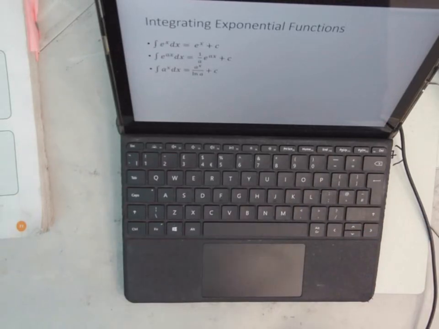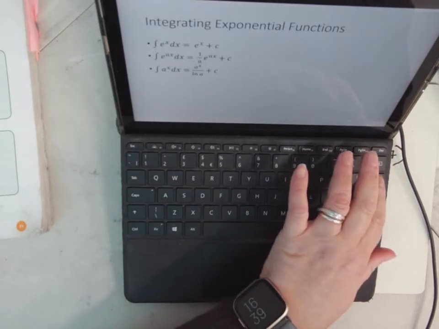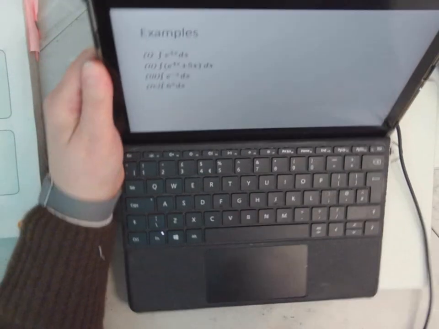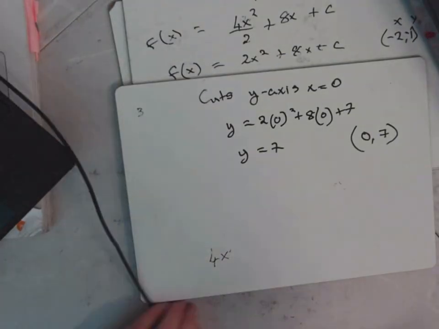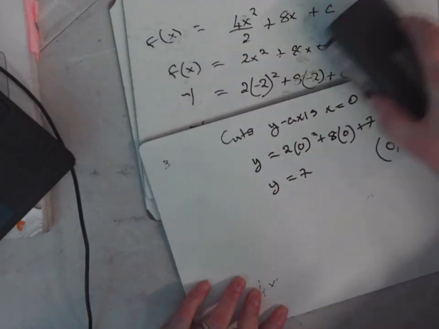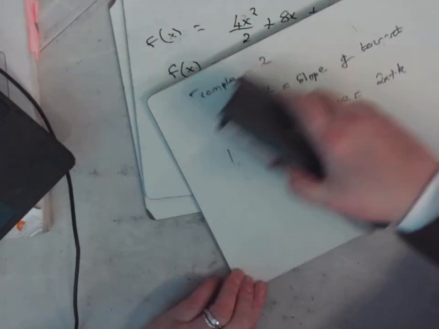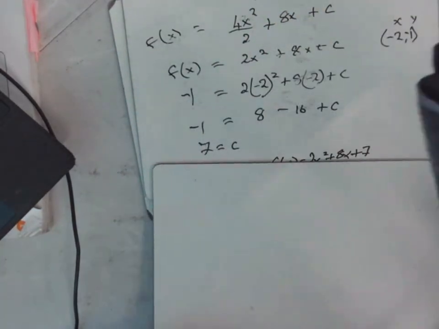Right. Okay, are we okay? Right, examples. Just do example 1 and then I'll answer it and we'll do example 2, and so on. So just write down example 1 and then I'll write down the rest of them as we go along.